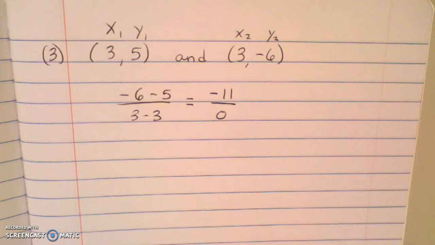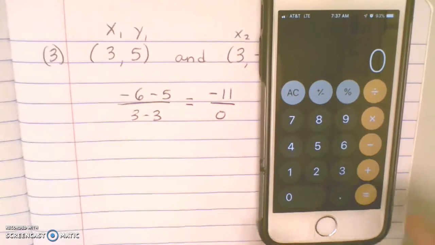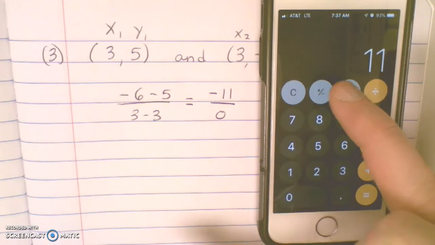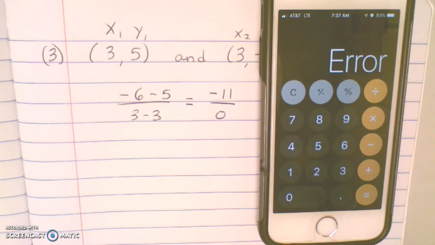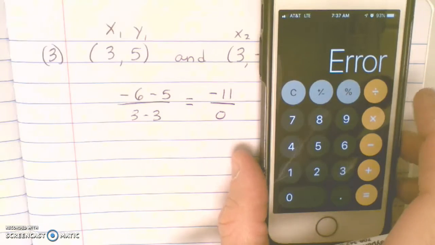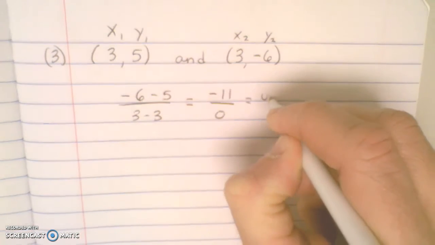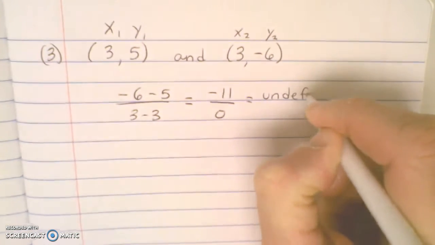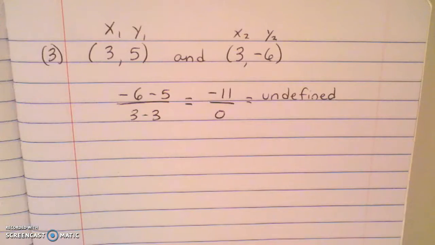So if you were to type this on your calculator, and I'm just going to use the one on my phone, if I do 11 negative divided by 0, it says error. So if that happens on your calculator, the slope for this one is undefined. And that's why we call it undefined slope. So when 0 is on the bottom, undefined.